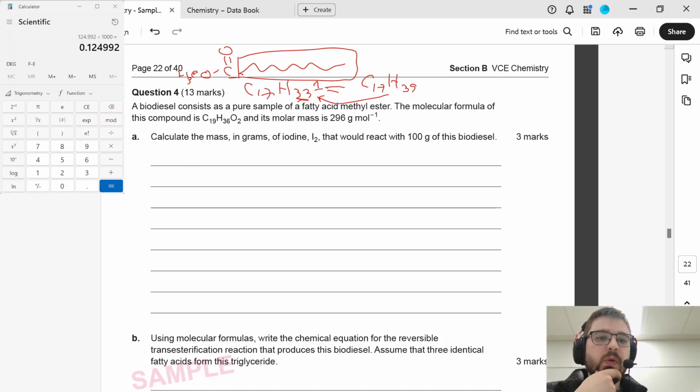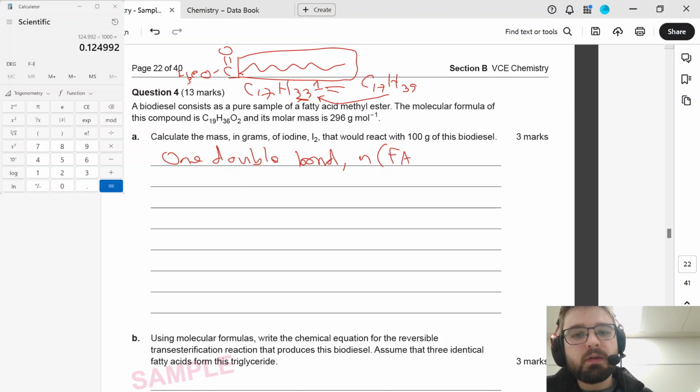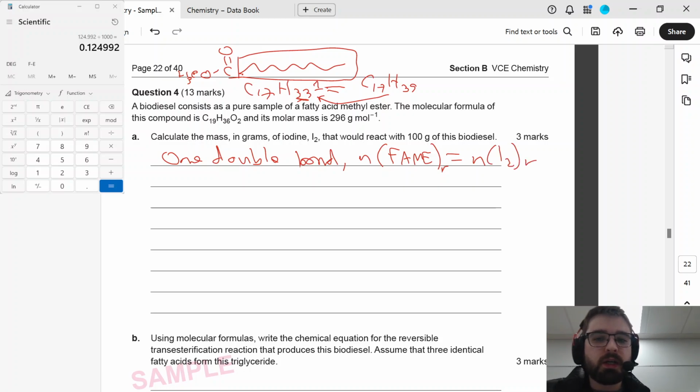So we would expect that the amount of, I'll call it the FAME, reacted equals the amount of iodine reacted there. That makes sense, doesn't it?